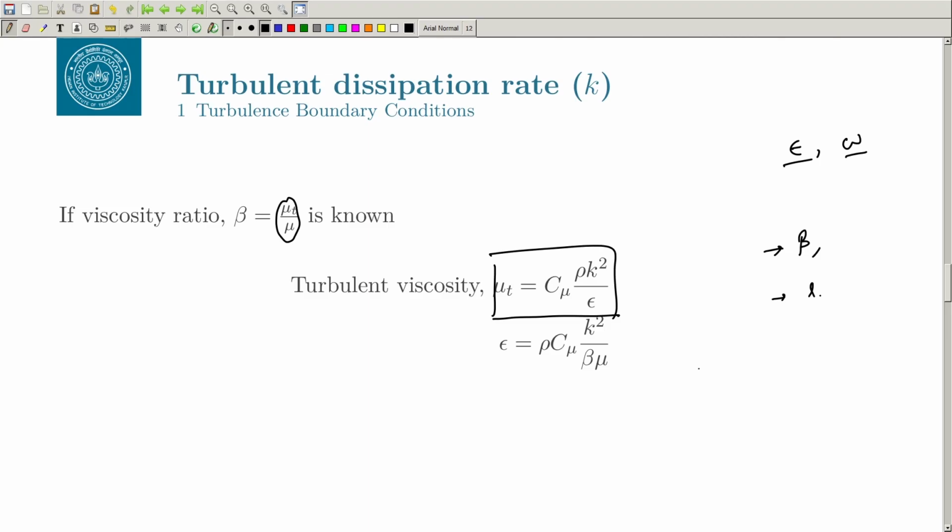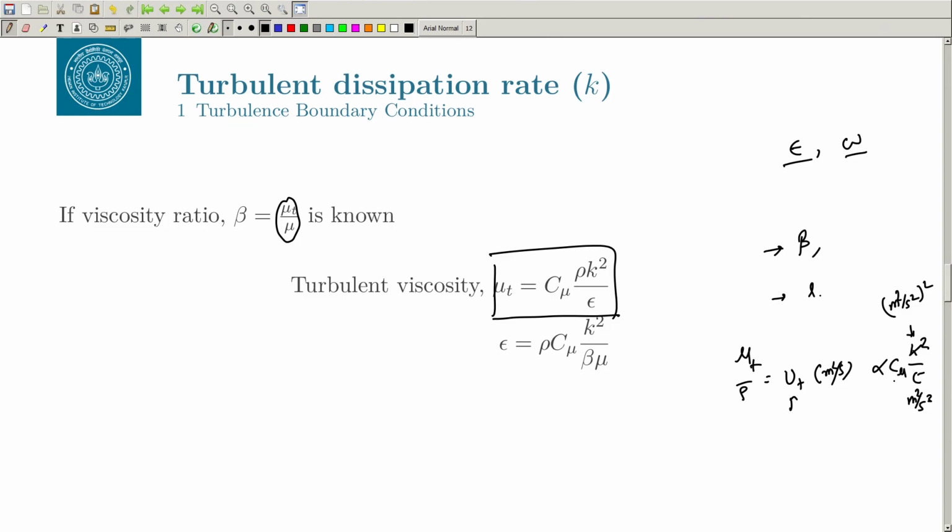If you recall, mu t by rho was equal to nu t, which is the eddy viscosity, with units of meter square per second. To get that same unit, it has to be proportional to K square by epsilon, where K square has unit of meter square per second square, and epsilon is meter square per second cube, whole square. That will give you meter square per second, and the proportionality constant is C mu.